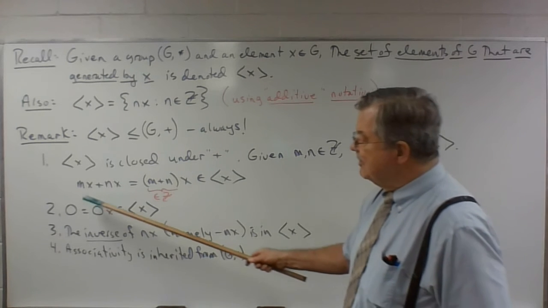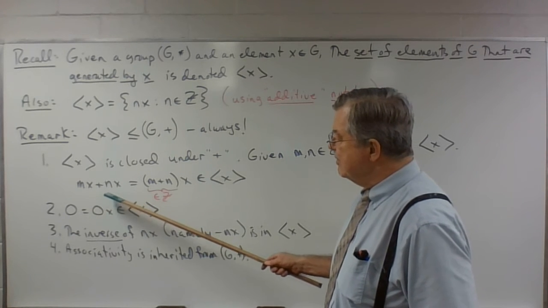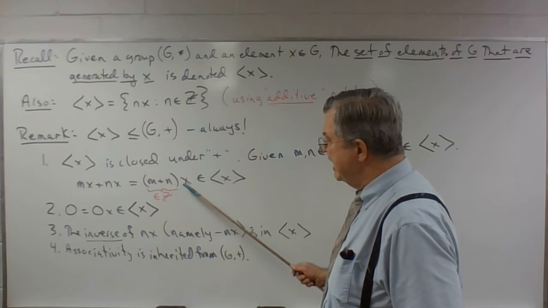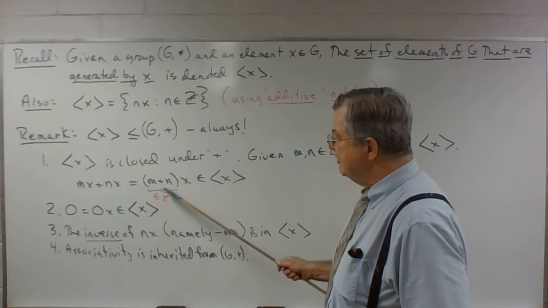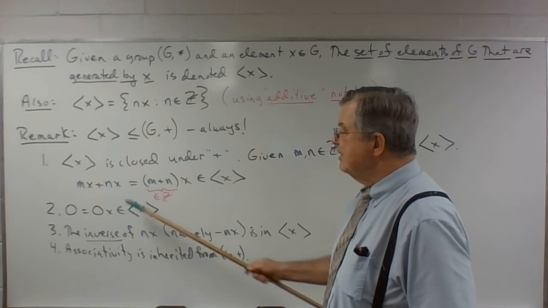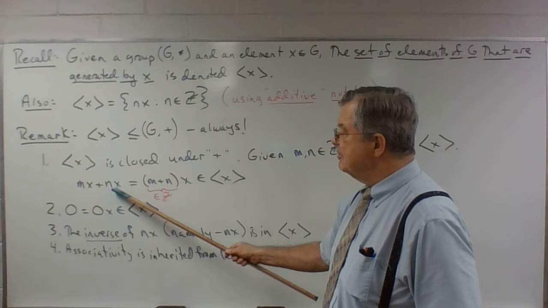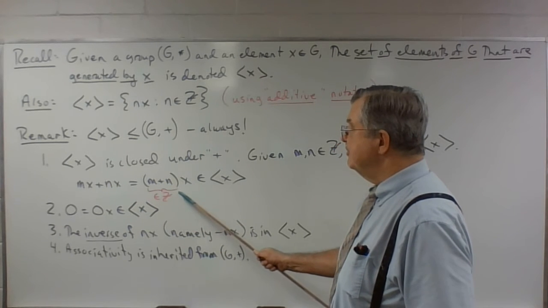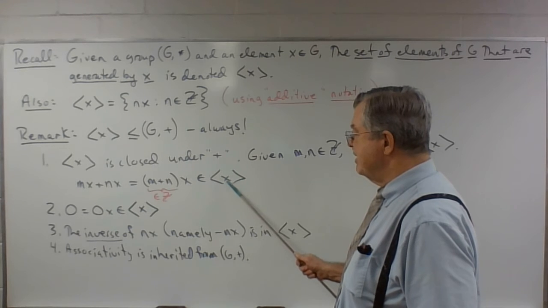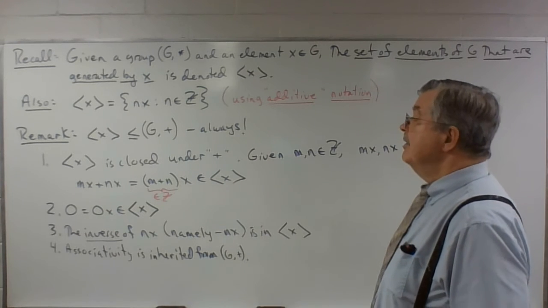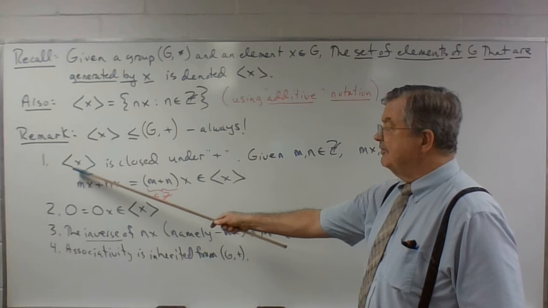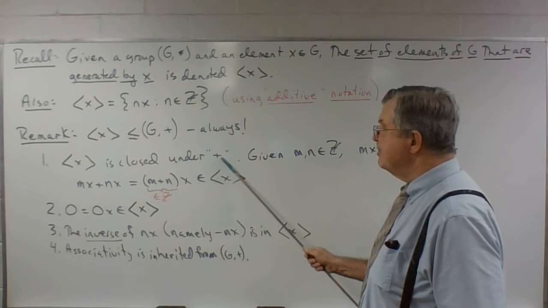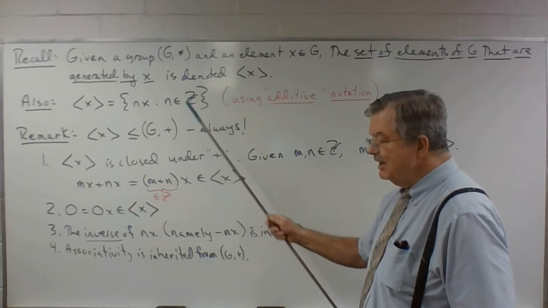And if we add the two things together under the group operation, we get (m plus n) times x, and m plus n is an integer. So if we take two integer multiples of x, we get an integer multiple of x. So this is in the set of elements generated by X. So the point is that the set of elements generated by X is closed under the group operation addition.